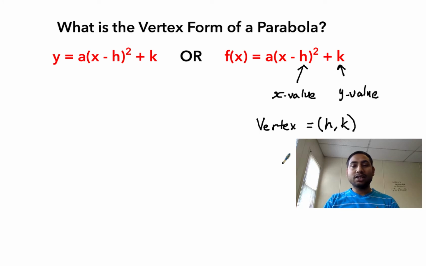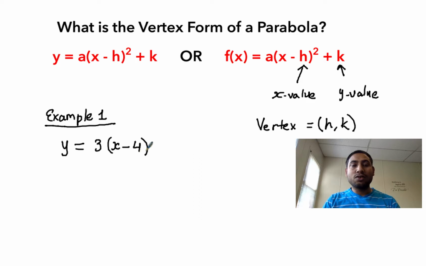All right, let's take a look at an example. Say the equation for a parabola is given by y equals 3 times (x minus 4) squared plus 1.